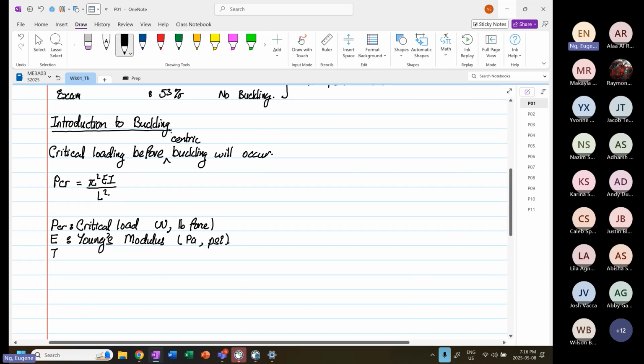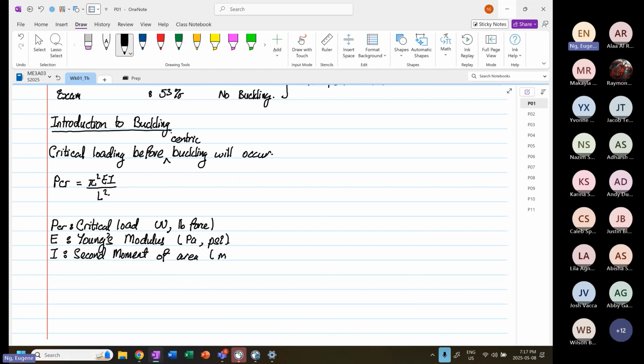And then we have I, which is the second moment of area. It can be in meter to the power 4 or inches to the power 4.